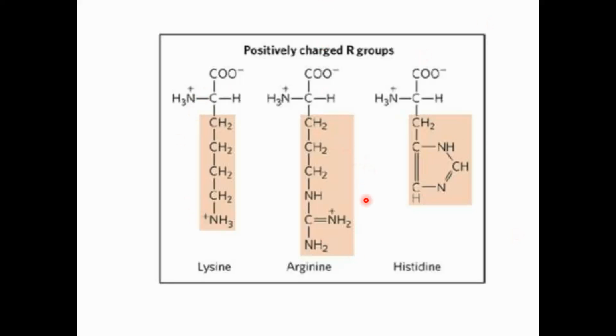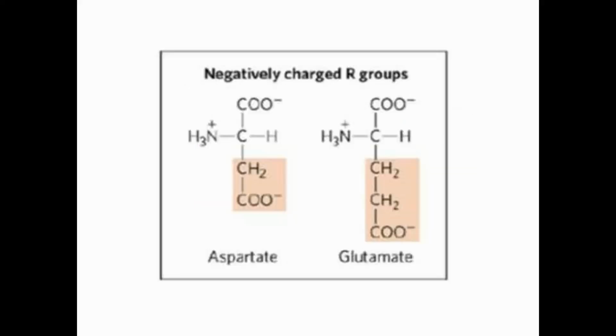The same thing happens there: this positive and negative cancel with each other, and the R group has only one positive charge. Because of this positive charge, the overall amino acid has a positive charge on it. The same thing applies here. So these are positively charged amino acids.